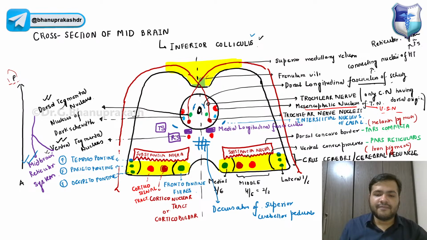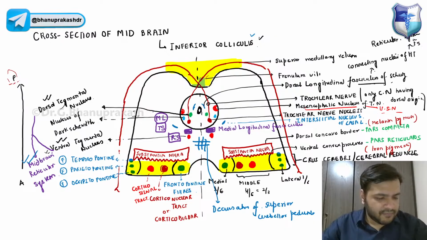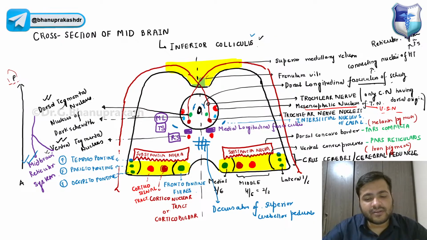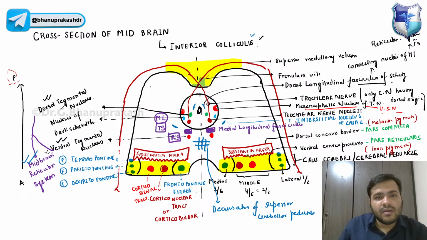Then guys, we have the medial lemniscus. We have the trigeminal lemniscus, right? And remember, two more lemniscus over here: the spinal lemniscus and the lateral lemniscus.